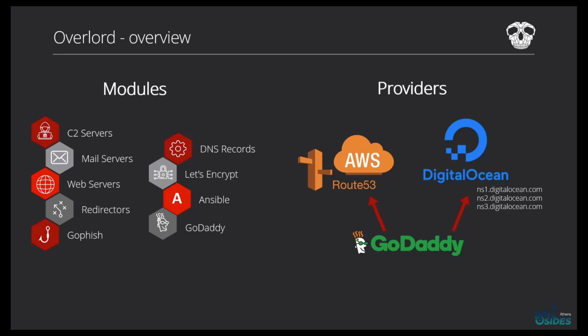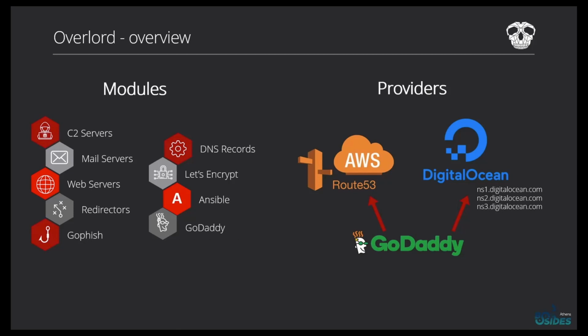Then we have mail servers, which we use iRedMail and postfix to configure a secure solution of a mail server. So we make a lot of configuration changes in the deployment. The web server, which is essentially a server with 80 and 443 open.